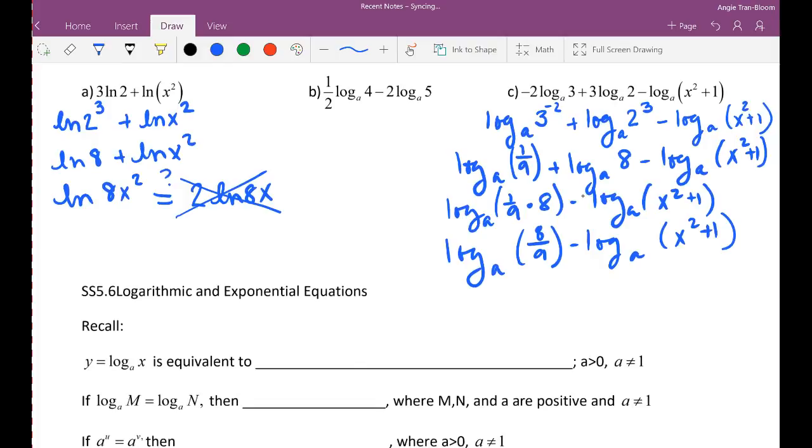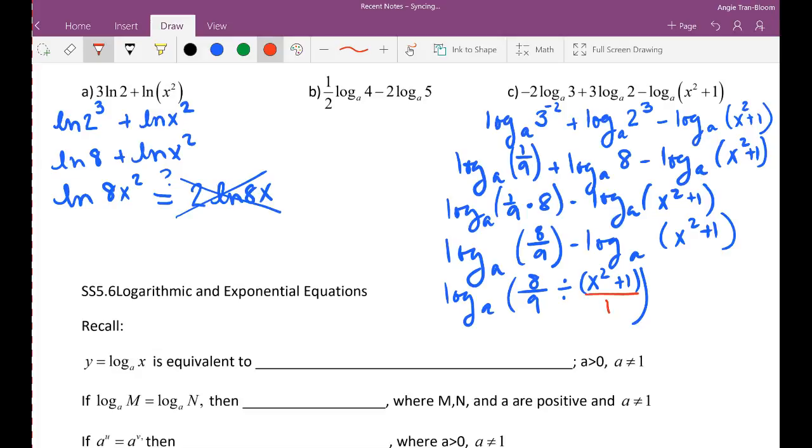All right, here's what we're going to write. Log base A of 8 over 9, because I have a fraction, so I'm going to write division this way, over x squared plus 1. Is that my final answer? No. You are dividing fractions. What should we do? Multiply by its reciprocal. Because right now I can write that as a fraction over 1, right?